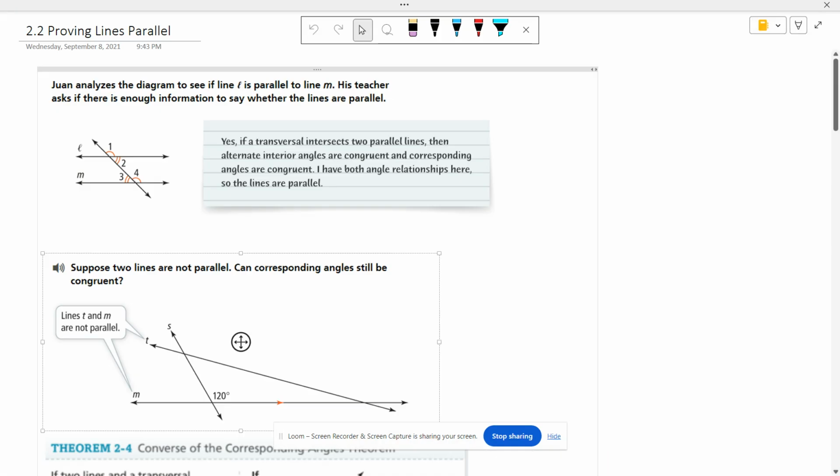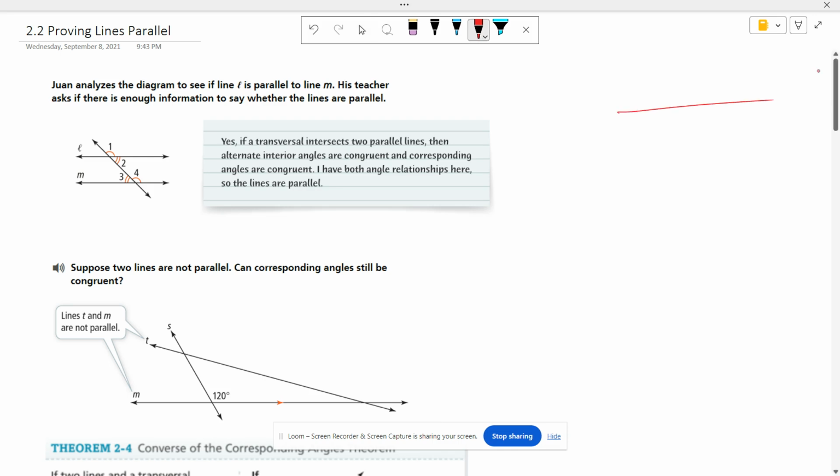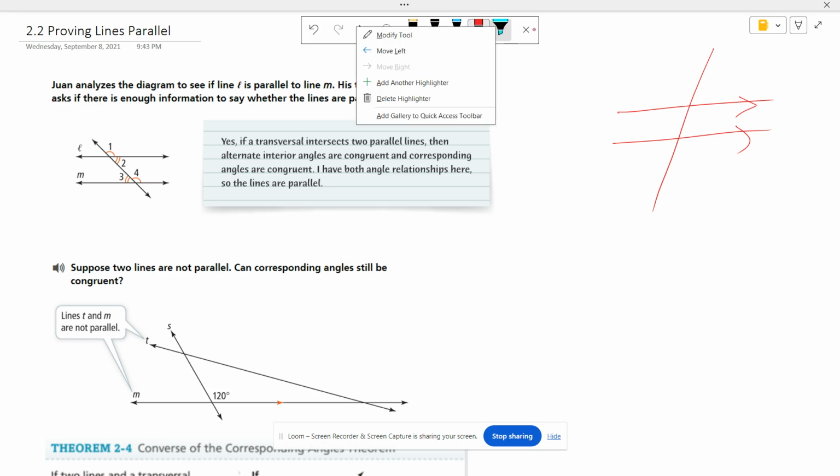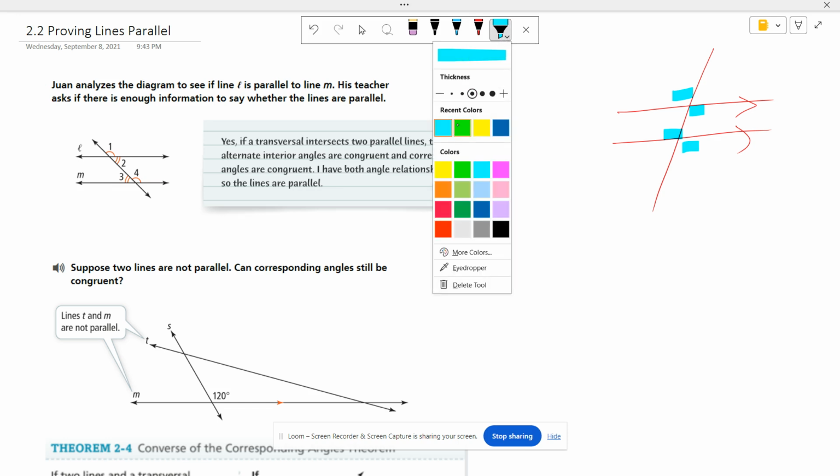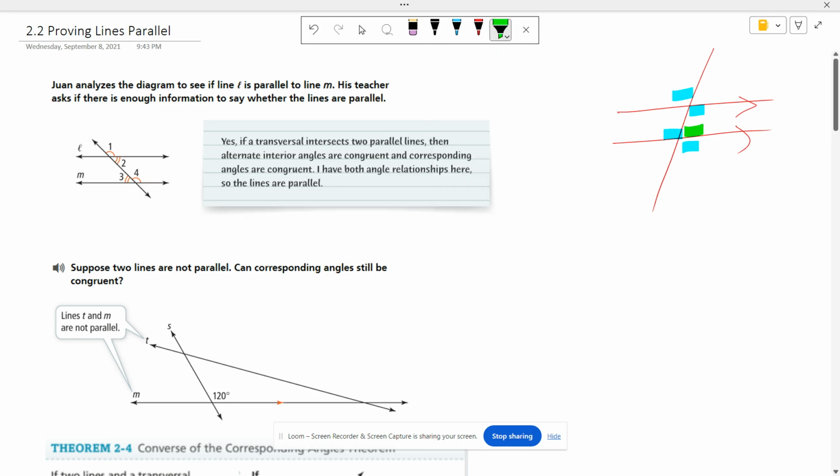Okay, in the first section, we learned that if we have parallel lines, and little arrows on the lines mean they're parallel, then alternate interior angles are congruent, corresponding angles are congruent, alternate exterior angles are congruent, and same side interior angles are supplementary.